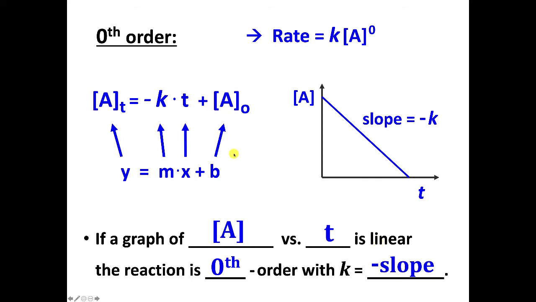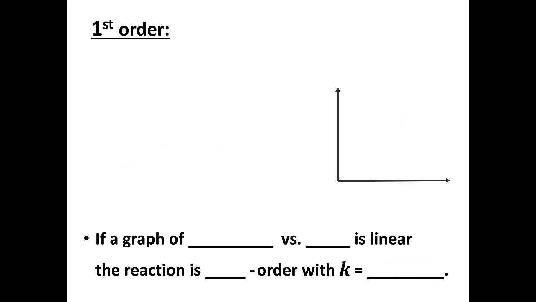So sort of 2 cases: you could know it's 0th order and you know the graph is going to end up being linear, or you could not know its order and you could do the graph, and if you find it's linear, then that tells you that the reaction was 0th order, so you've now figured out the rate law because you figured out the order and the rate constant. And then the same basic idea applies for first order and second order.